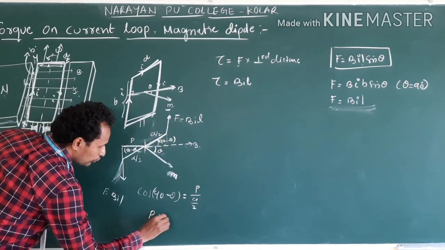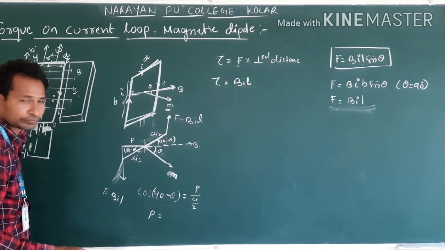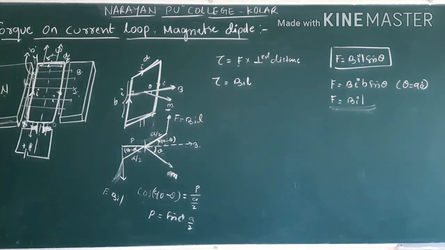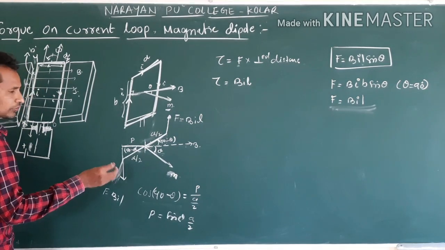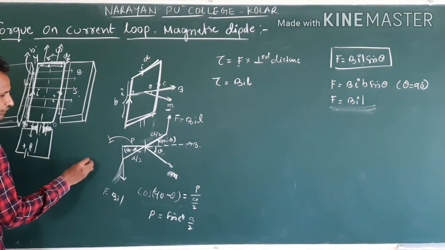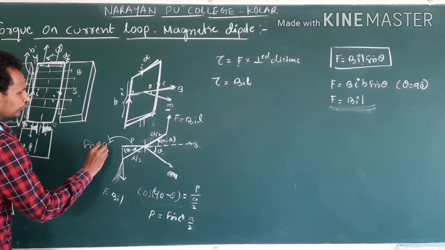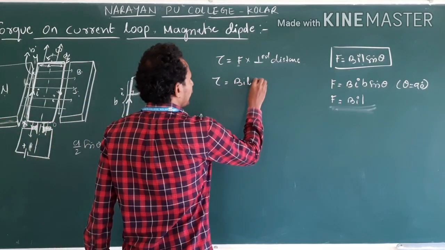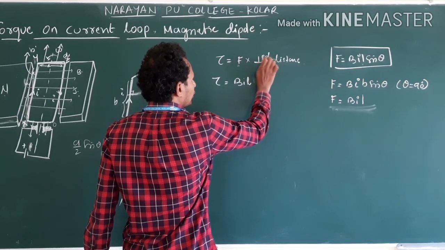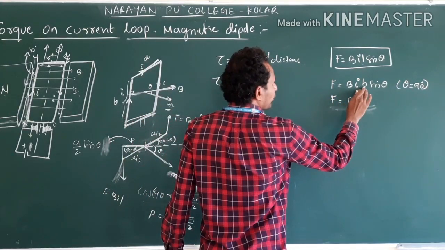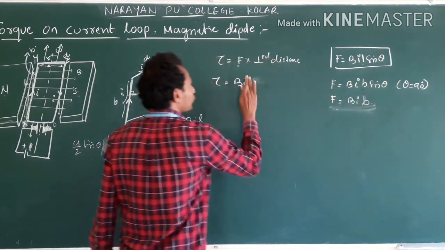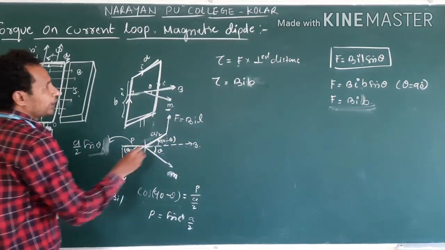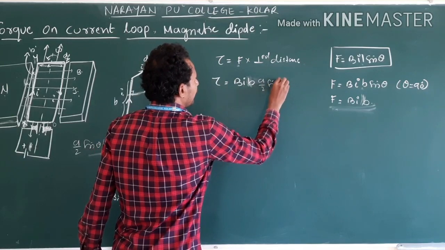Then P is equal to cos 90 minus theta, which is sin theta into A by 2. Now what we got? Perpendicular distance. Here we wrote L, this is B actually. Now the perpendicular distance is A by 2 sin theta.